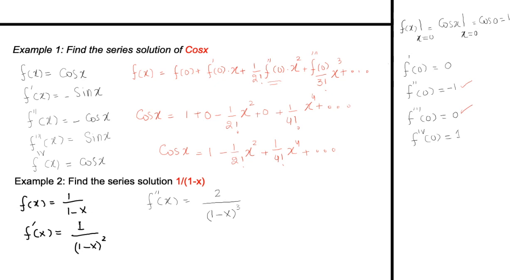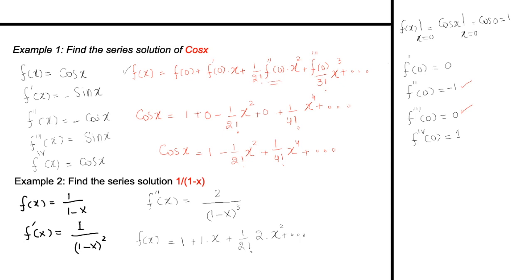So now we can plug in the values in the Maclaurin series here, and we will find that f of x, which is 1 over 1 minus x, will be equal to f of 0, which is 1, plus f prime 0, which is again 1, so that will be 1 into x, plus f double prime, that is 1 by 2 factorial, so f double prime will be 2 into x squared, and so on.